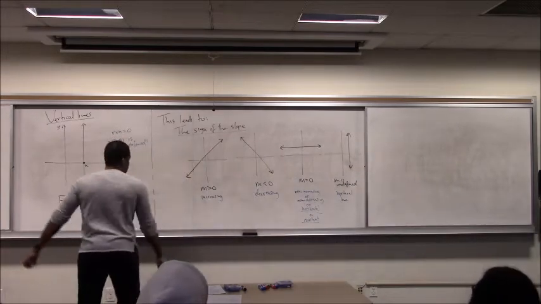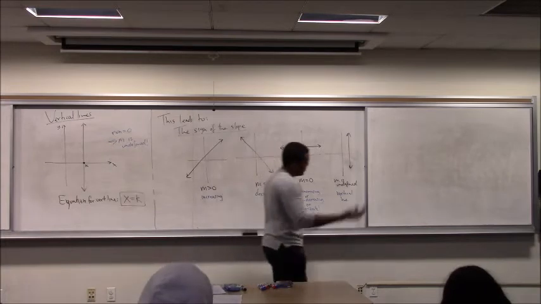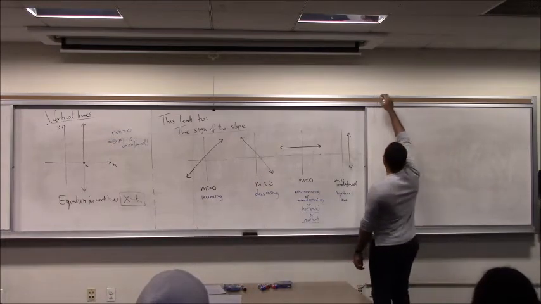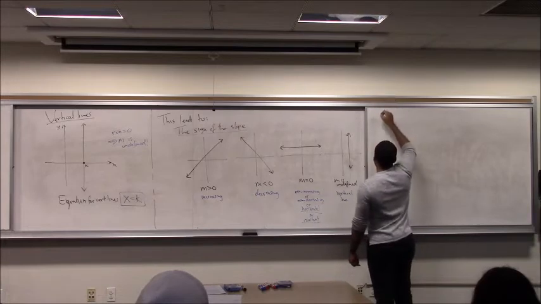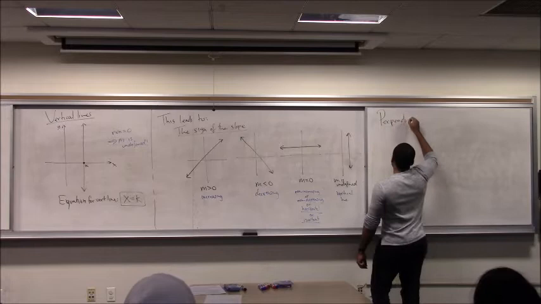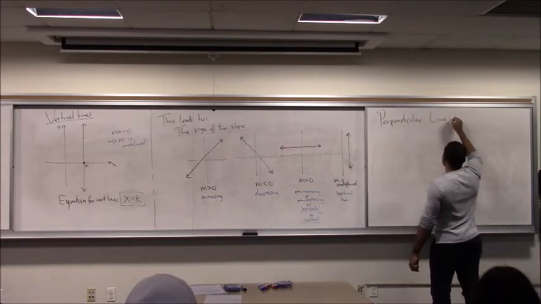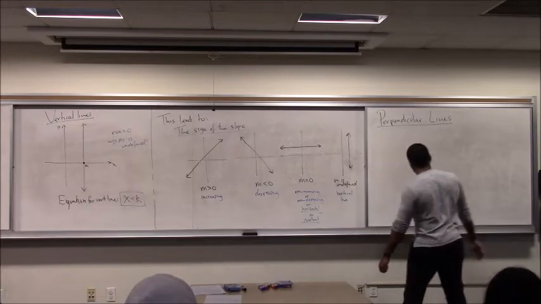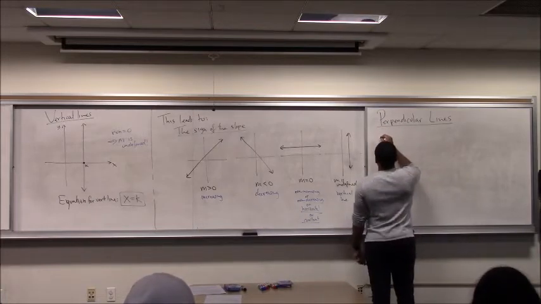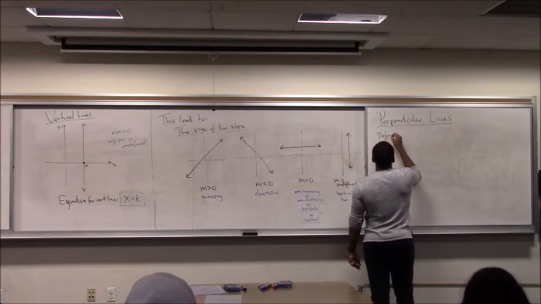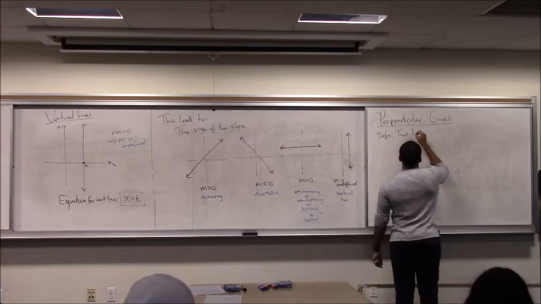Another thing now. Last time I taught this, I proved it, but I think it just ended up confusing people, so let's not prove it. We want to talk about perpendicular lines and the relationship between their slopes. This is simply the definition: two lines are perpendicular if they meet at right angles.